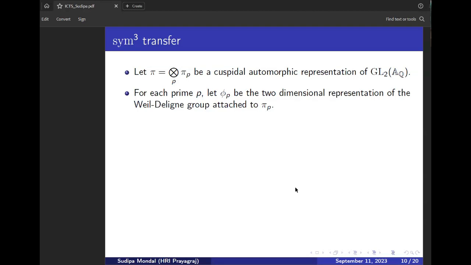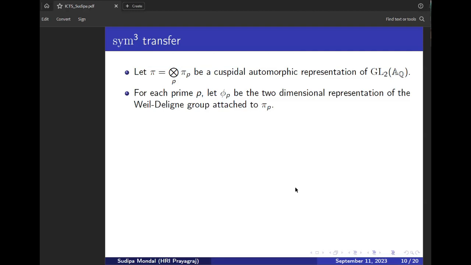You have an irreducible admissible representation of GL2, and we have this continuous semi-simple two-dimensional representation of the Weil-Deligne group.